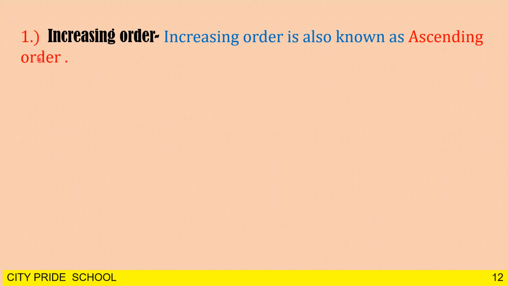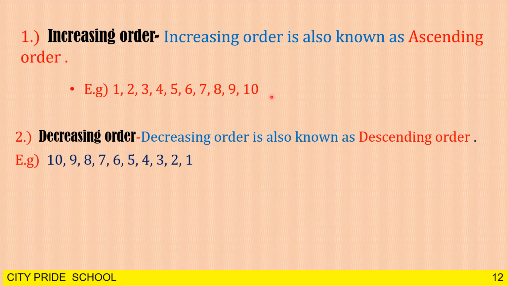Okay, children. Now, first let's see the increasing order. Increasing order is also known as ascending order. Okay. Now, for example, there are numbers 1, 2, 3, 4, 5, 6, 7, 8, 9, 10. So, what is increasing order? From the smaller number to the biggest number.